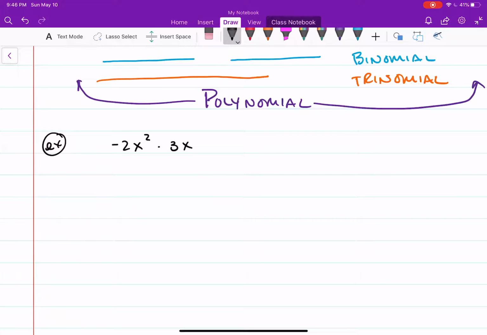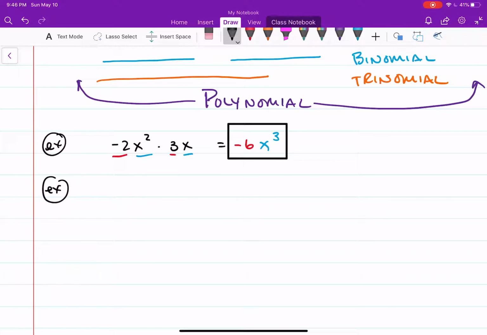We would multiply the numbers by themselves and get a negative 6, and then we multiply the x's together. X squared times x, we add the exponents, so we get x to the 3rd. And that would be my answer. So monomials are pretty easy. We've been doing it with exponents. So those are all multiplying monomials.